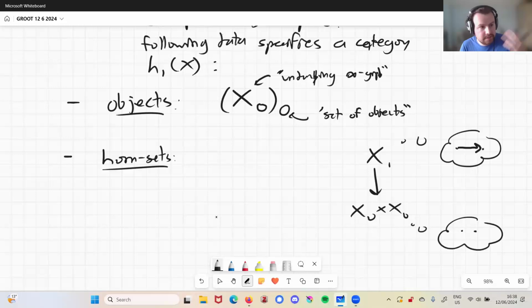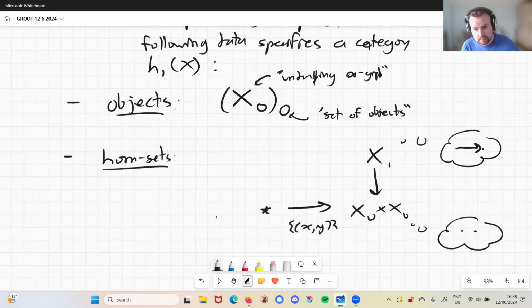And what this map does is it just gives you the source and target. That's all it is. Let's suppose we picked out some particular objects, X and Y. If we take this pullback, we get what we might call the mapping space from X to Y. This is the infinity groupoid of morphisms starting at X and ending at Y, right?